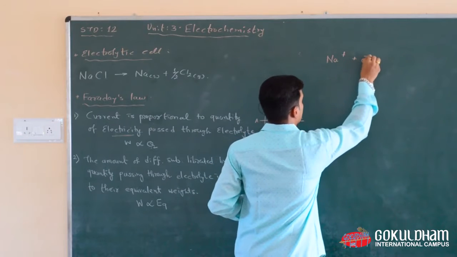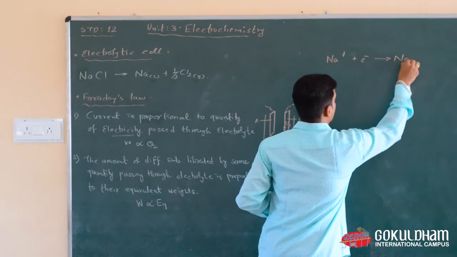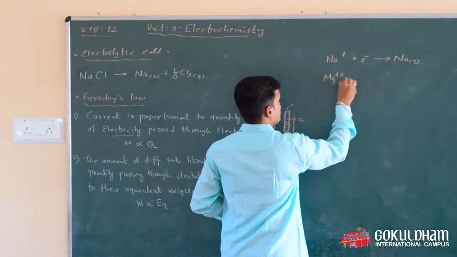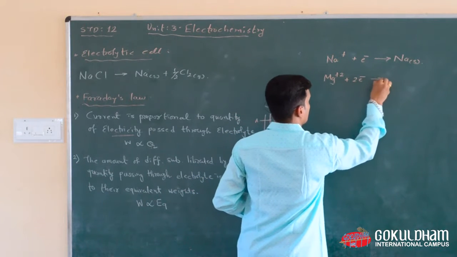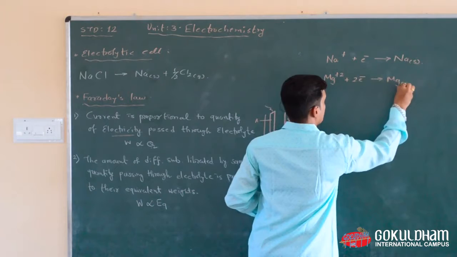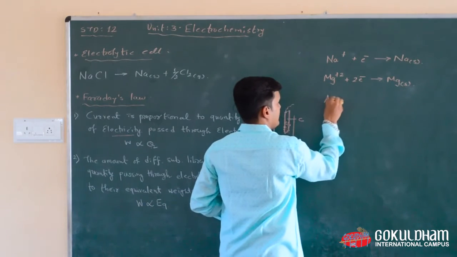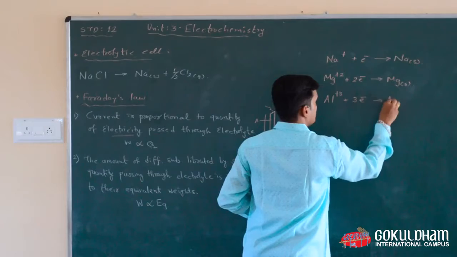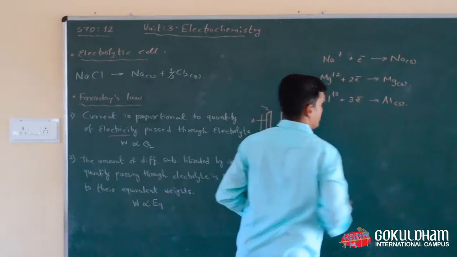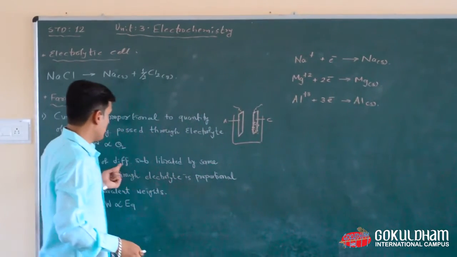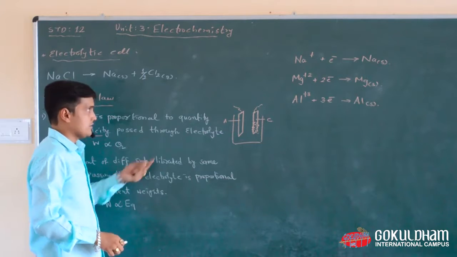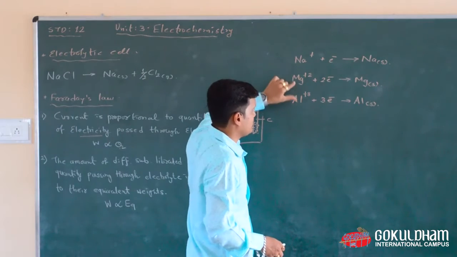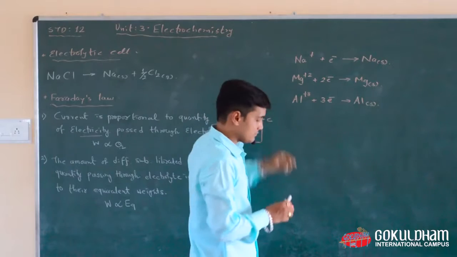Na+ plus an electron gives Na solid, Mg2+ plus 2 electrons gives Mg solid, and aluminium 3+ plus 3 electrons gives aluminium solid. These are all different substances: sodium, magnesium and aluminium.